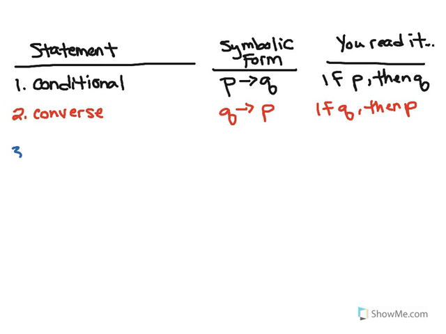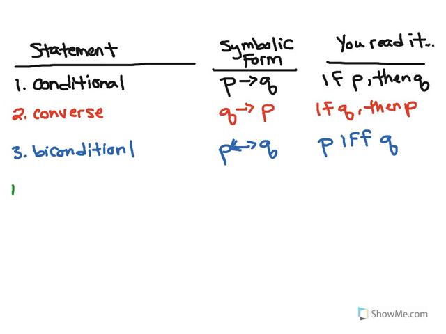The third kind of statement that we looked at was called a biconditional, which said P, then Q, which we read P if and only if Q. And now our new one, inverse, well, it does this negation thing, right?